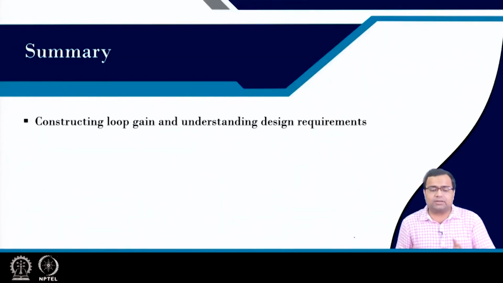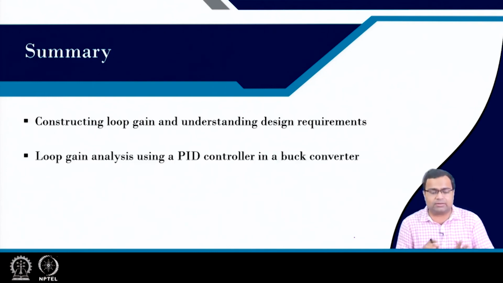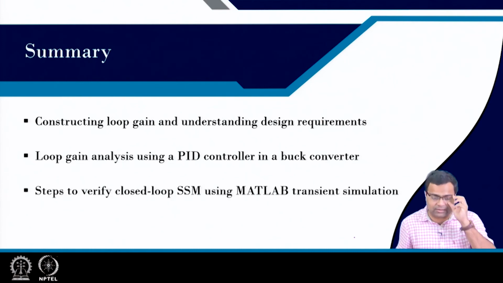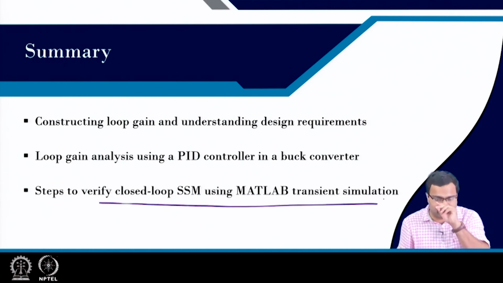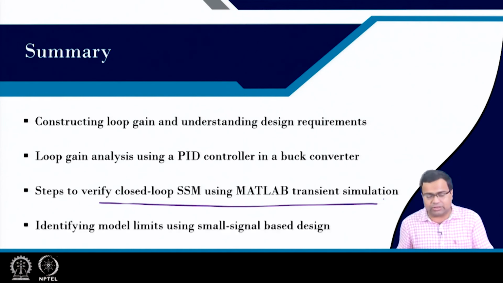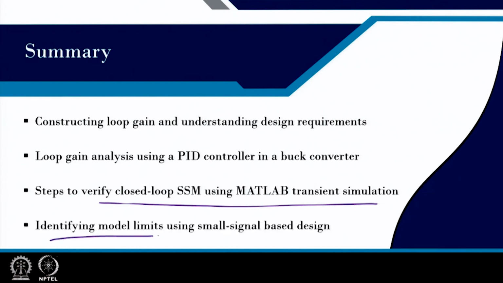So, in summary, we have constructed the loop gain, we understood the design requirement, we have analyzed a PID controller design in a buck converter, then we have discussed steps to verify the closed loop small signal model using MATLAB transient simulation, and we identified the model limit based on small signal design.